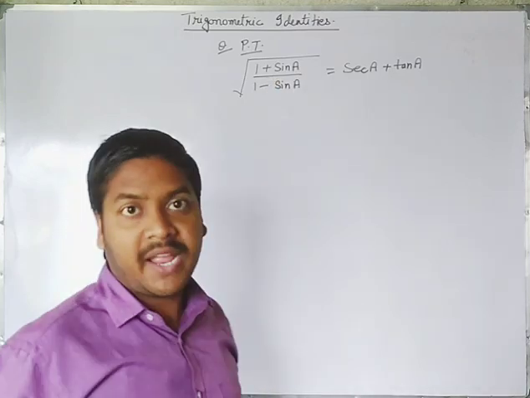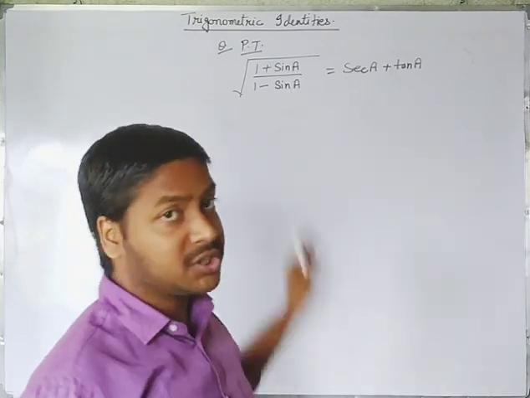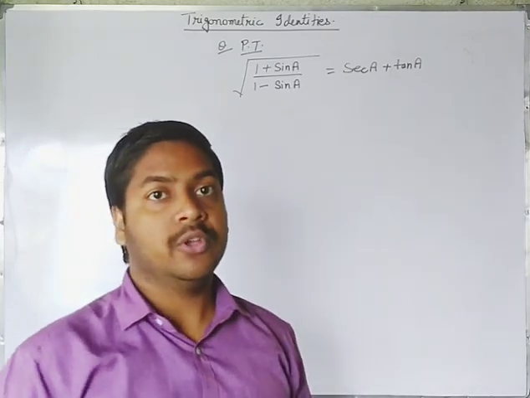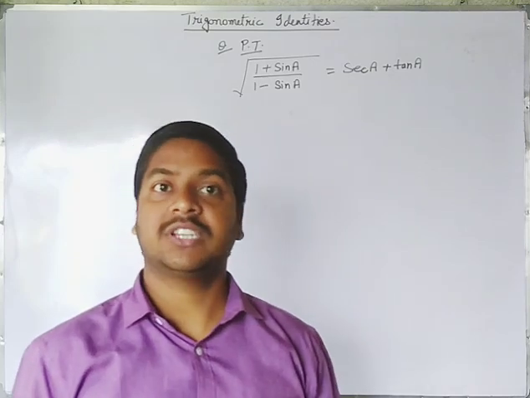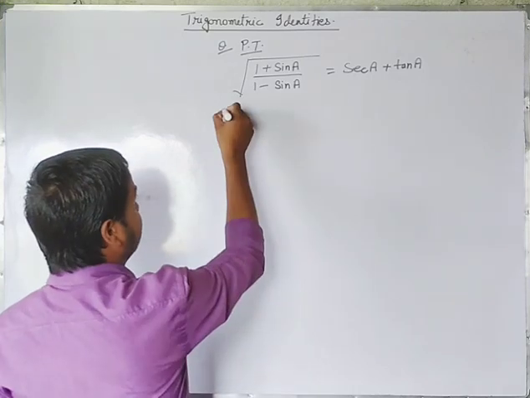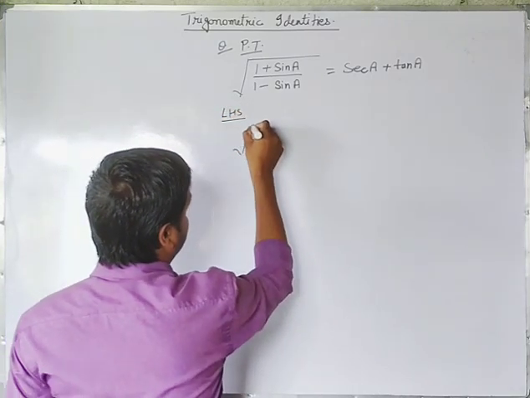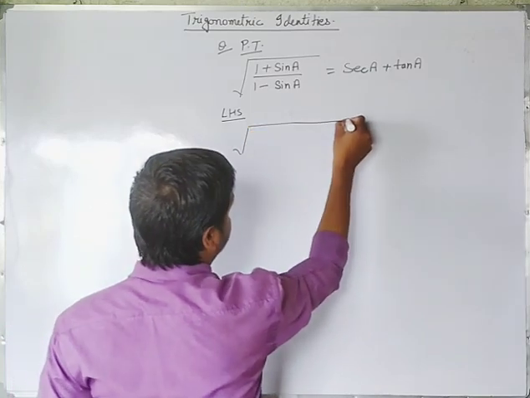Whenever any trigonometric term is under a root and it is not a square, we rationalize the term. You have already learned rationalization in class 9. So in the LHS part, under the root only, we will do the rationalization.